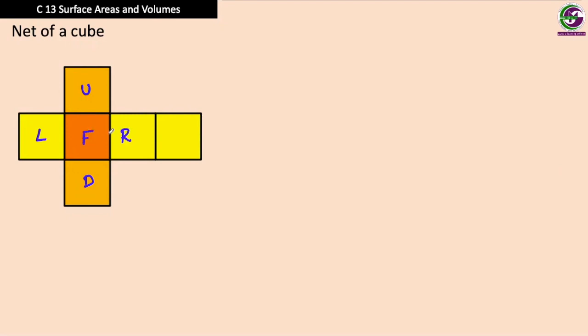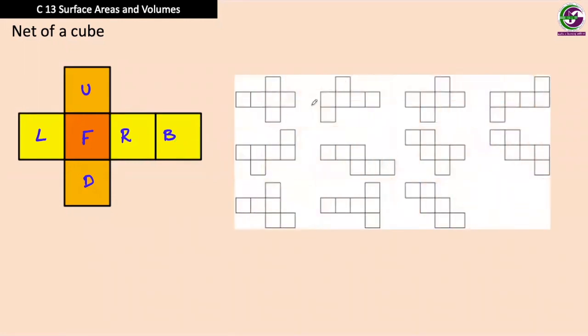Front and back are also never together, which means there will be a space between them. When we cut and open it, exactly you will get the idea. So up and down are never together. There will be a space between them. Left and right are never together. Front and back are never together. That's to be noted.